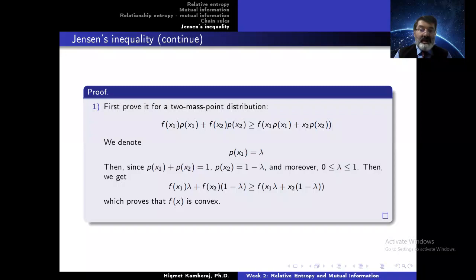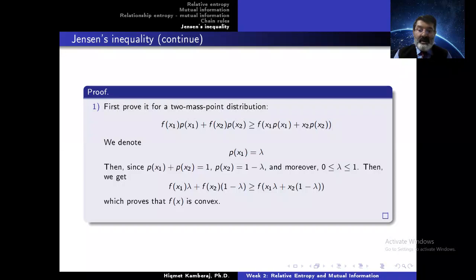If we denote p of x1 by lambda, and I have the right to do this because lambda has to be a number between 0 and 1. Indeed, p of x, which is a probability mass function value, is a number between 0 and 1 by definition of the probability mass function. Moreover, p of x2 is going to be 1 minus lambda.